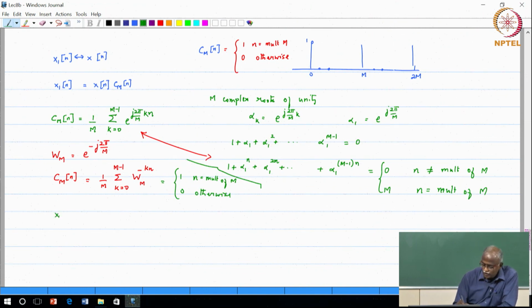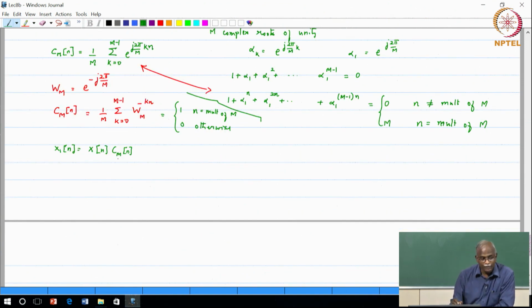So x1 of n is equal to x of n multiplied by the comb sequence. Basically, multiplication by the comb sequence. Now I want to evaluate x1 of z. So far I did not do that. This is basically summation n equal to minus infinity to infinity x1 of n times z power minus n.